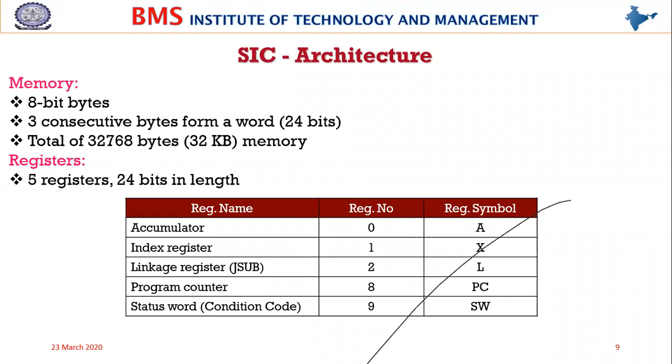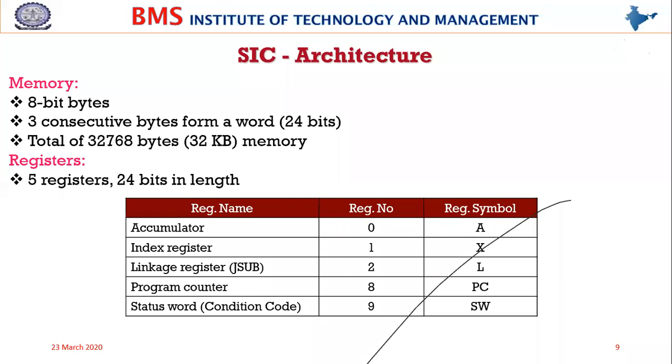The link register, which is used to make jumps as well as subroutine calls, has the symbol L, and the number is 2. Next we have the program counter, which always keeps track of the address of the next instruction to be executed, whose number is 8, and the status word, whose number is 9.